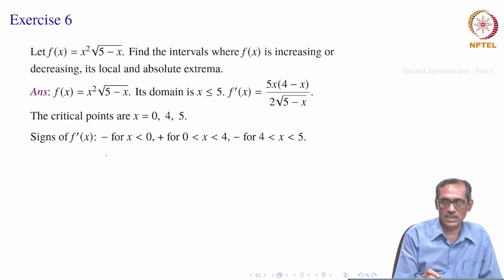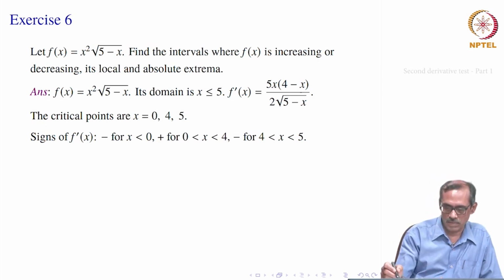Now, if you look at the signs of f prime(x), instead of taking f double prime, which will be a bit complicated here, we go for the sign change in f prime. We have the 4 intervals now: minus infinity to 0, 0 to 4, 4 to 5, and then 5 to infinity.